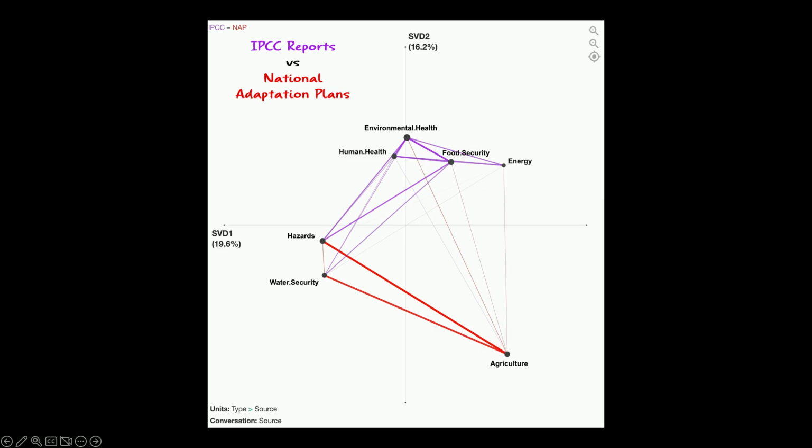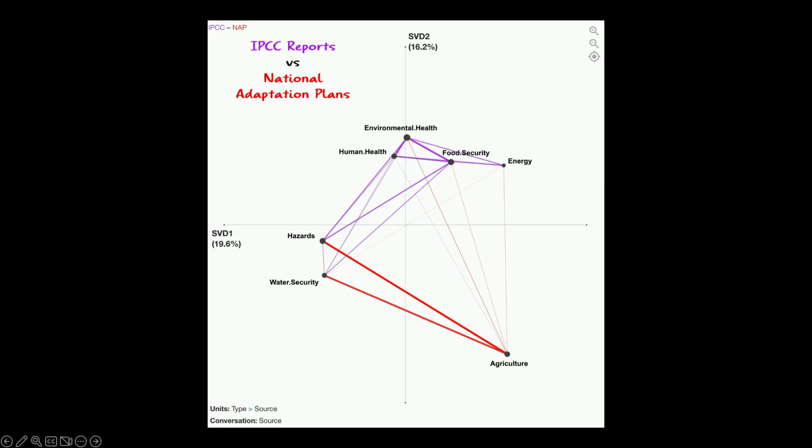In fact, we can just subtract one from the other and then colorize based on where the connections are stronger. And as you can see, those 2 really strong connections we saw in the national plans are much stronger than what we're seeing in the guidelines from the IPCC.